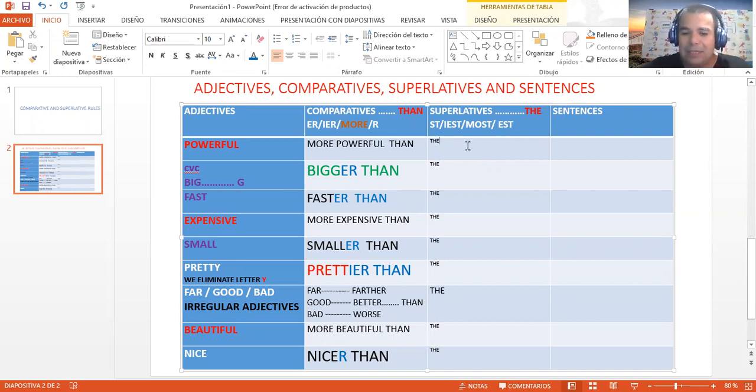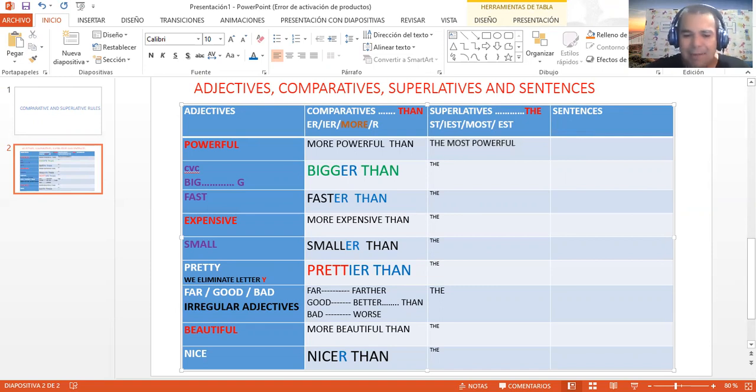Then we continue. For long adjectives, as I was telling you, if we use more here, in this one we're going to use most. So it's going to be the most powerful. And that's the way that we change this adjective into the superlative form. I'm going to put it bigger, like this. Then we have the other one, big.